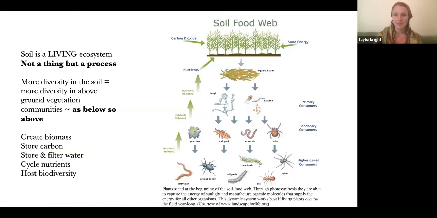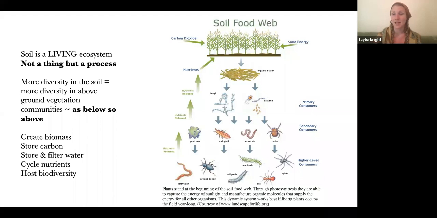I'm going to skip through some of these. This is just showing how fungi really play a role in the soil food web. Fungi are breaking down that decaying plant material. If you go in a wet forest and you turn over any log, you'll probably see those white mycelium, those filaments, all over that log.